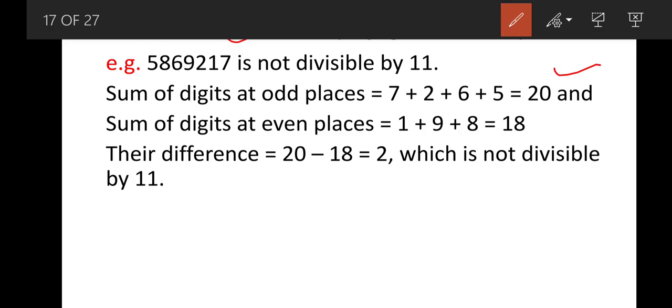Here in this example, 7, 2, 6 and 5 are the digits at odd places, so you have taken their sum as 20. Then you have taken the sum of the digits at even places, that is 1 plus 9 plus 8, giving you 18. Then you take their difference: 20 minus 18 is equal to 2, which is not divisible by 11. So it is verified that this number is not divisible by 11.